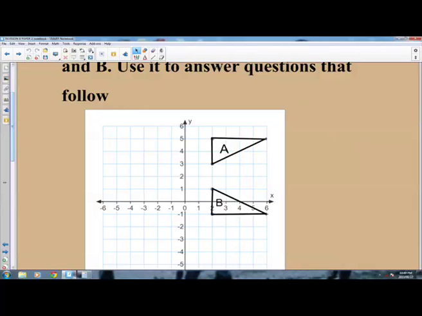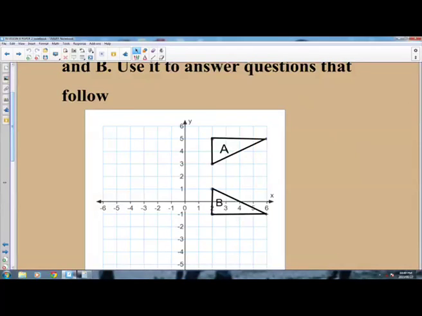And if it's reflection, it means for us to describe reflection fully, we need to state the equation of the line of reflection. And let's remember, the line of reflection is basically the mirror line, so it has to be midway between the 2 triangles. That will be the line of reflection.